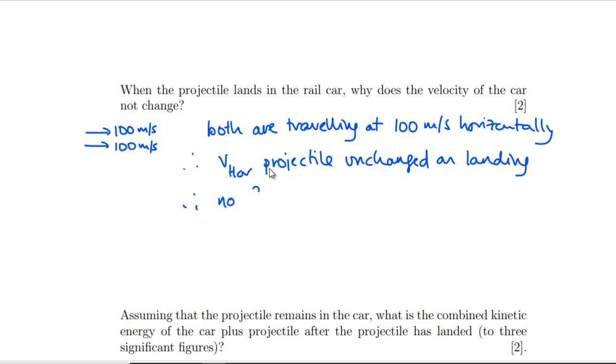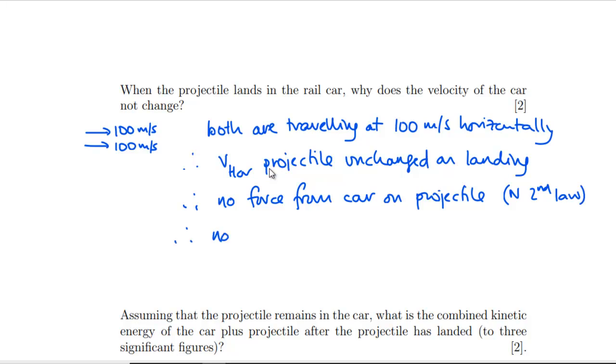Therefore, no force from car on projectile, because that is Newton's second law. There's no change in momentum going on there. Therefore, no force from projectile on car, because that is Newton's third law. So at least we're bringing in some key ideas on all of this and giving a reasoned argument, a chain of argument.